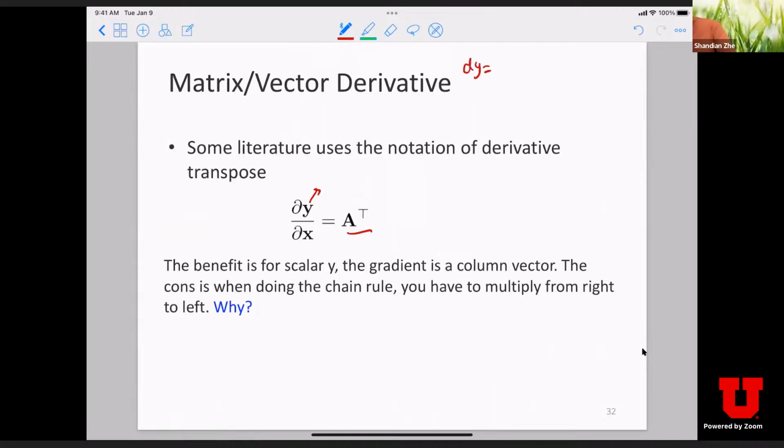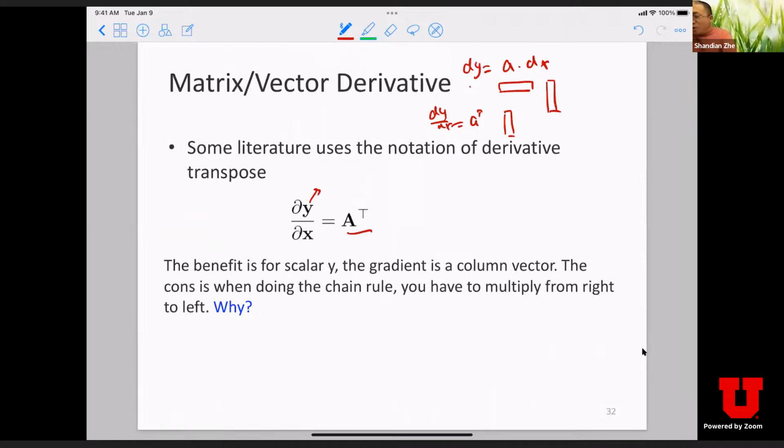Remember, we got dy equals a times dx. Since y is a scalar and dx is a column vector, a here must be a row vector. But if you define dy over dx to be a transpose, your gradient becomes a column vector as well. So you might feel more comfortable in this case.